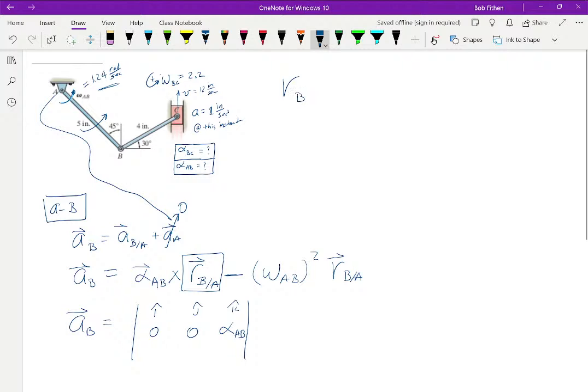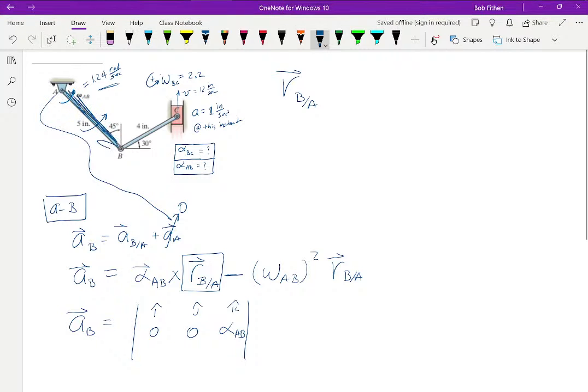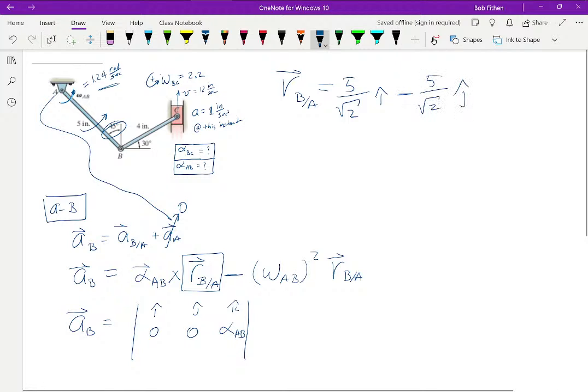R B relative to A simply means draw a vector like this. And what is it? Well, it's 5 over square root of 2 i, because this is 45 degrees, and it goes down 5 over square root of 2 j.